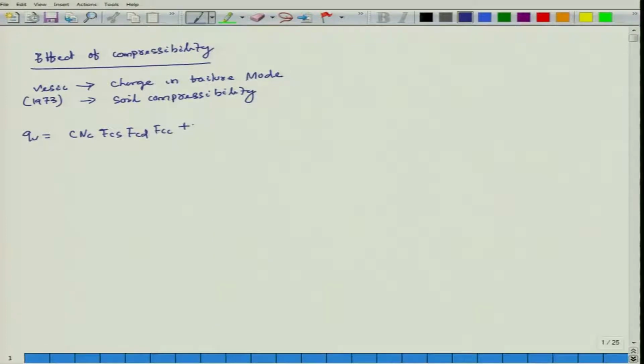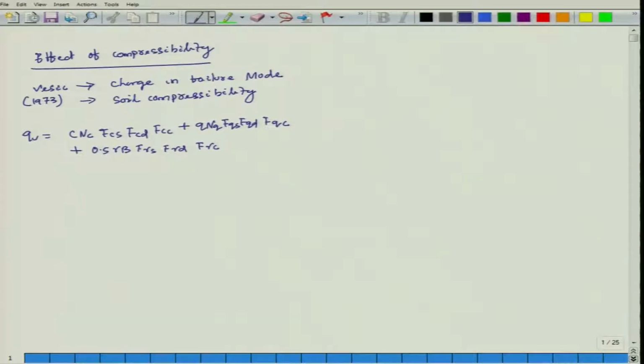Then q Nq Fqs Fqd Fqc plus 0.5 gamma B N gamma F gamma s F gamma d F gamma c.